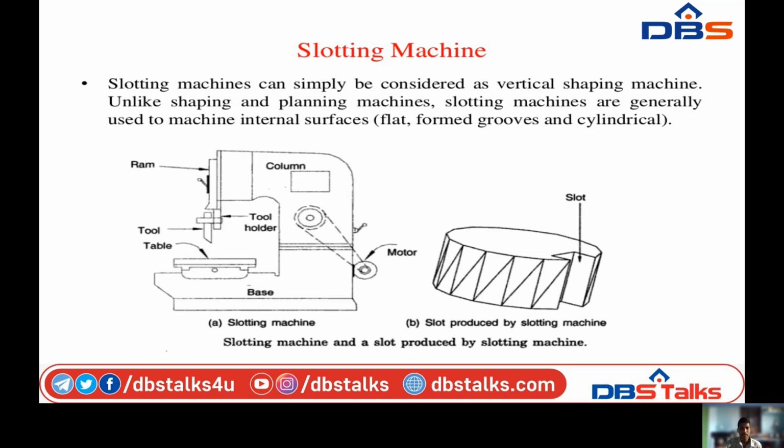Then the ram movement will be upward to downward direction according to our requirement. We are using single point cutting tools here. Then the work table is fixed. The work part will be placed or mounted on the work table.